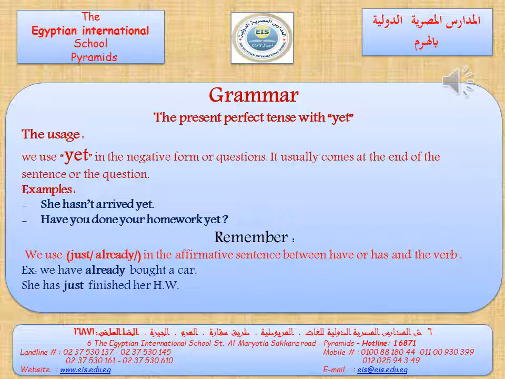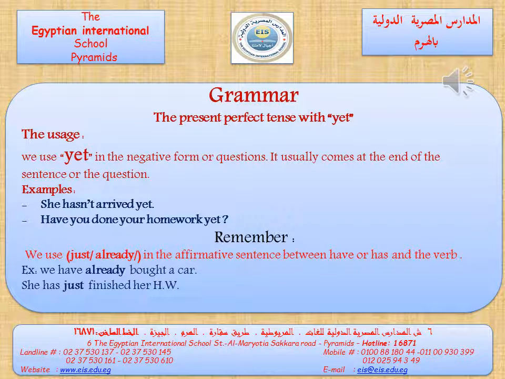We mentioned before that we use "yet" in the negative form or in questions, and don't forget that "yet" usually comes at the end of the sentence or the end of the question.